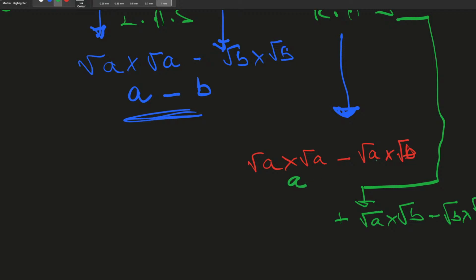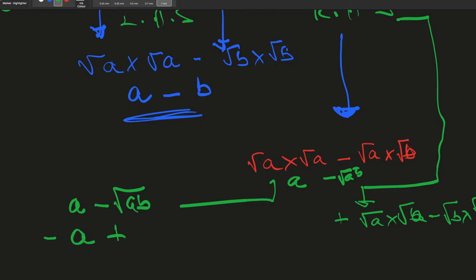And this is root a times root b. That's minus root ab. Okay, so this is a minus root ab. And this, you know that we have a over here, so root a times root a. Okay, this is minus, so this is minus a. Okay, and this minus and minus over here will be plus root ab.